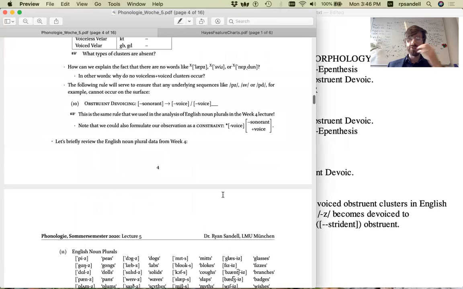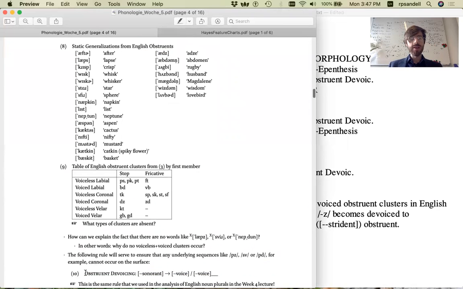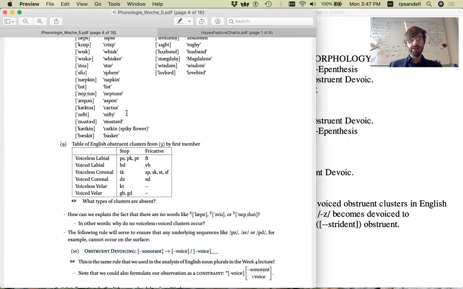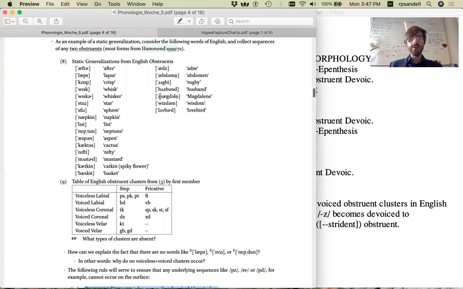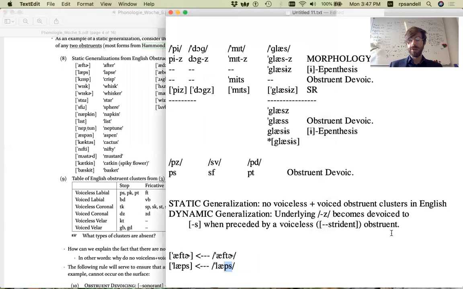So just to try to clarify this point once more, obstruent devoicing here, if we try to say that there is such a rule in English based only on this group of words that we've seen here in 8, we only need to assume that that rule exists if we ask ourselves the question, what would happen if English took in underlying sequences like p, z, s, v, and p, d?